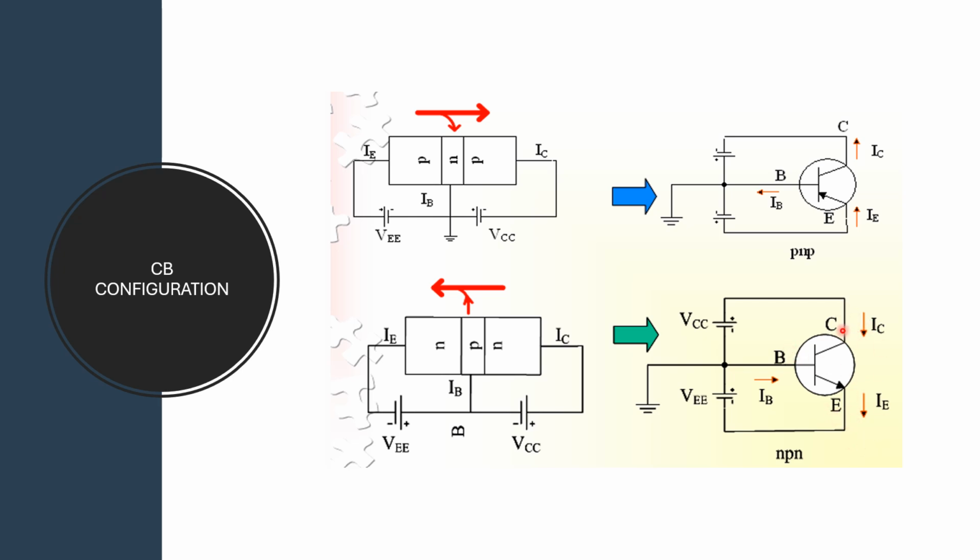So the input junction is forward biased and the output junction is reverse biased, with positive and negative terminals as shown. The current direction: entering current, leaving current. So IE is equal to IB plus IC.